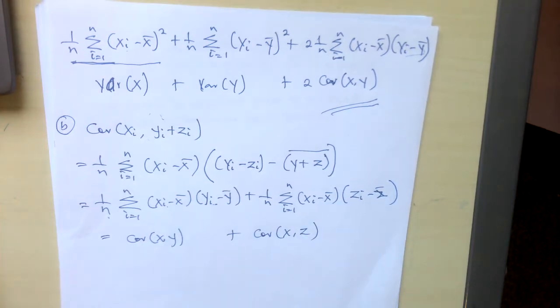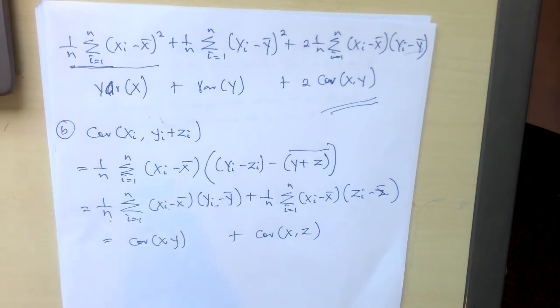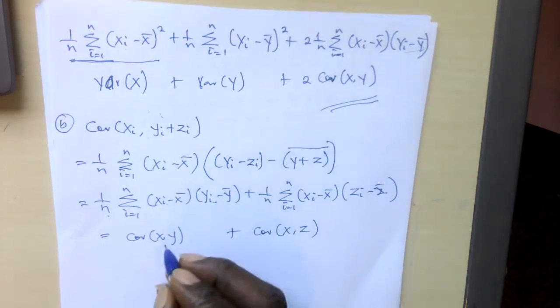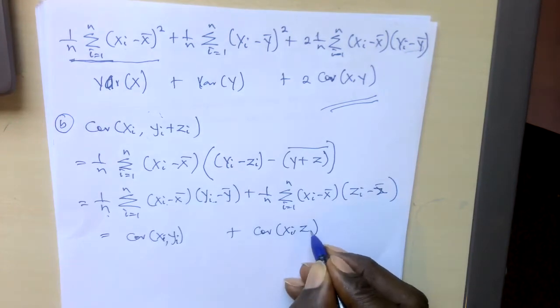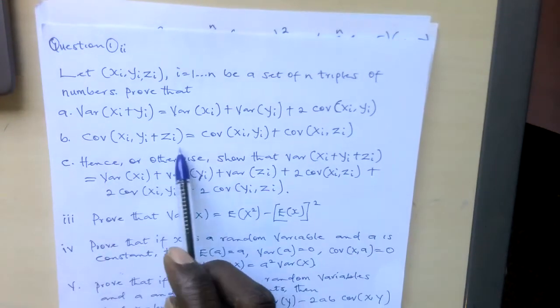So I think that's exactly what we are asked to prove: covariance of x, y and covariance of x, z. That's exactly what we are asked to prove, right?